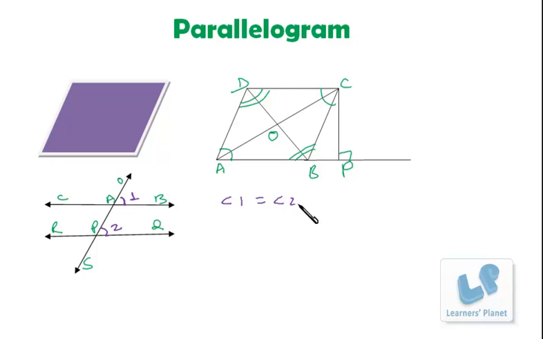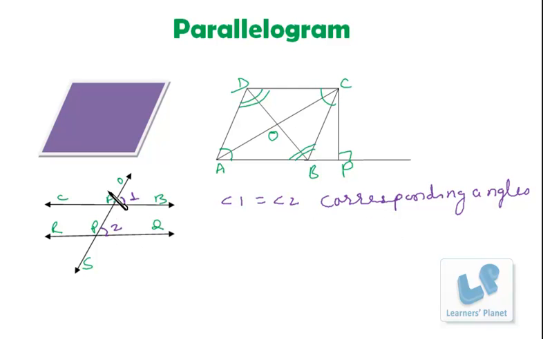So angle 1 will be equal to angle 2, and these are corresponding angles. So for two parallel lines, and this is known as the transversal, that is intersecting both the lines, various angles are formed. So we are discussing the relationship among them. Here angle 1 is equal to angle 2.